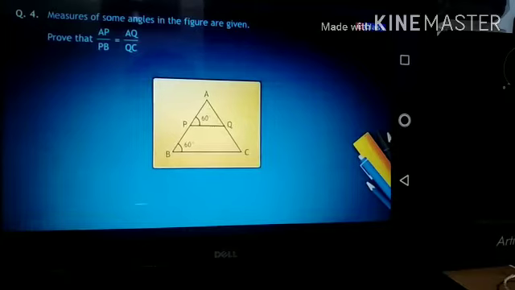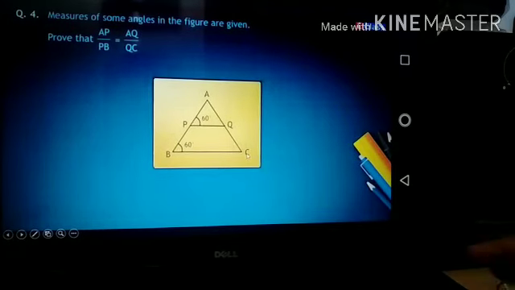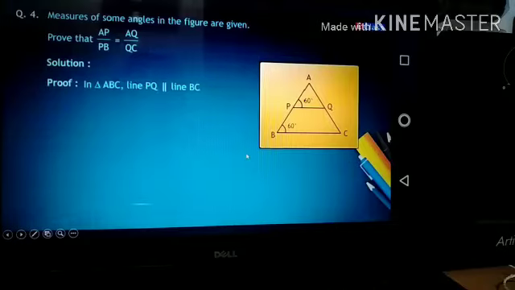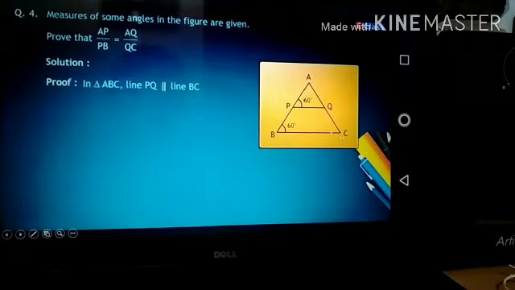Now sum 4. Measures of some angles in the figure are given. We have to prove the ratio AP upon PB is equal to AQ upon QC. What we know is in triangle ABC, we can say PQ is parallel to line BC.